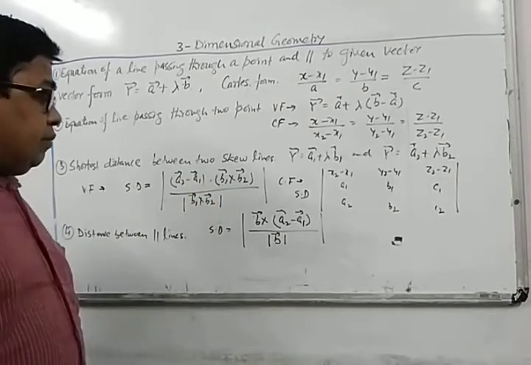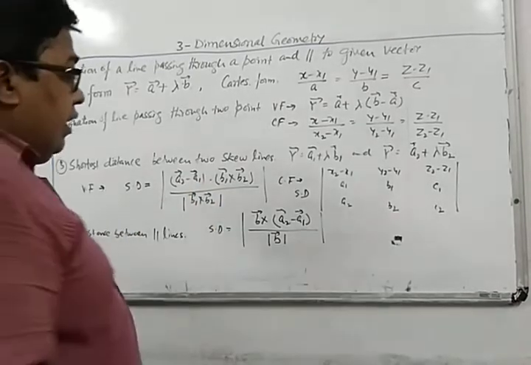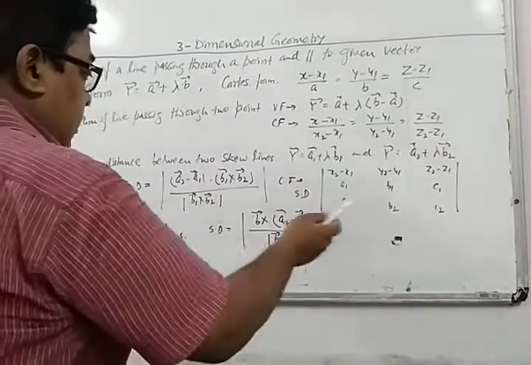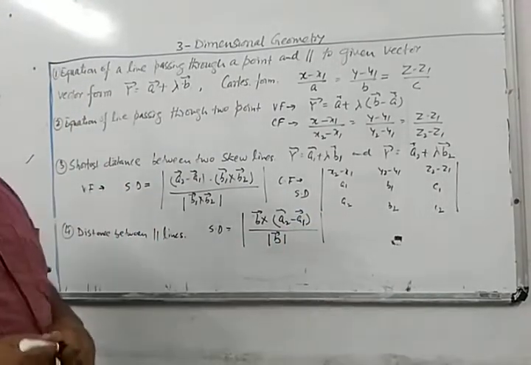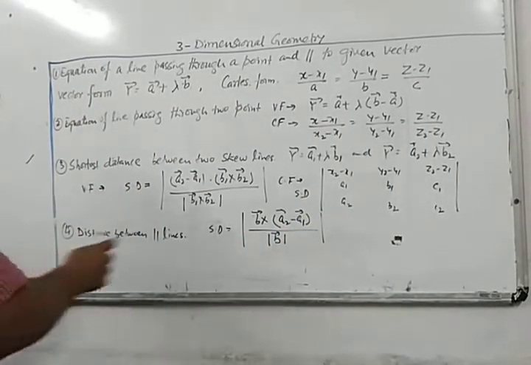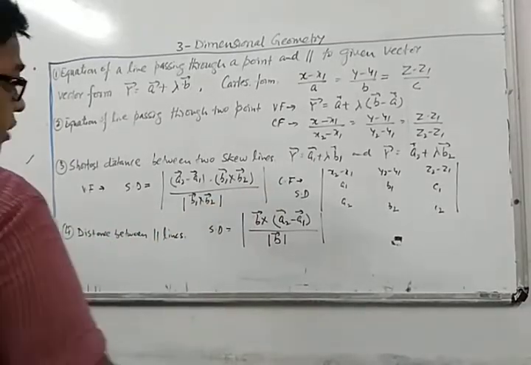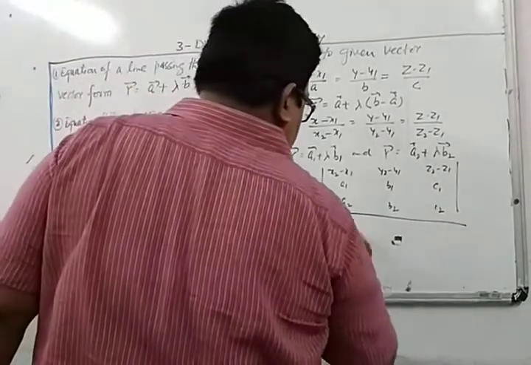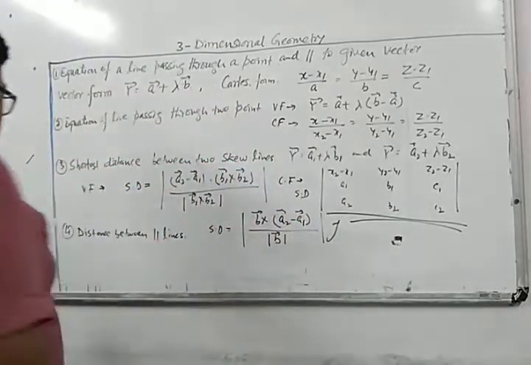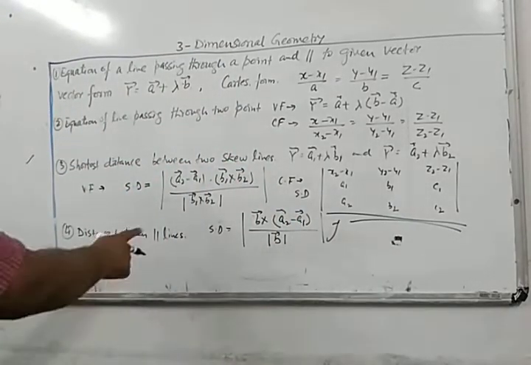This is the shortest distance between two skew lines, and there is a Cartesian formula also, with x2 minus x1 and a square root in the denominator. And now the shortest distance between two parallel lines.